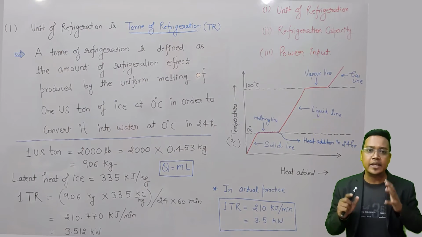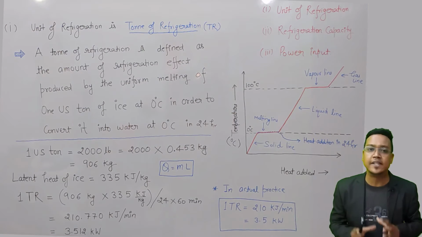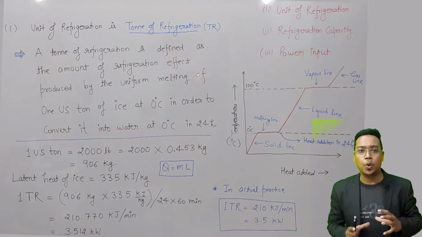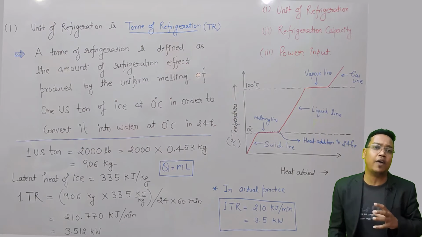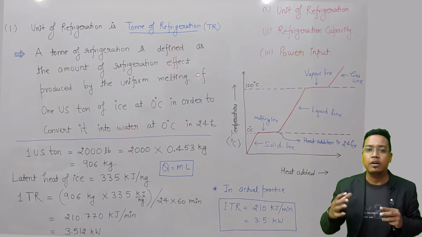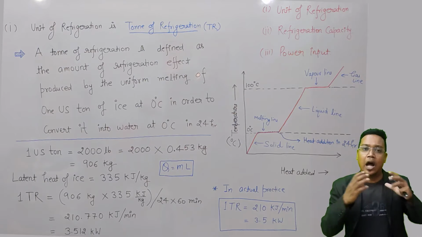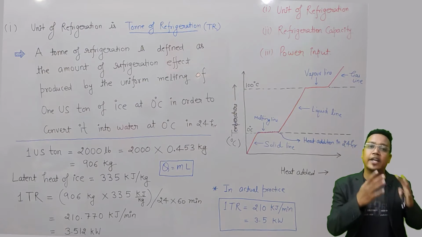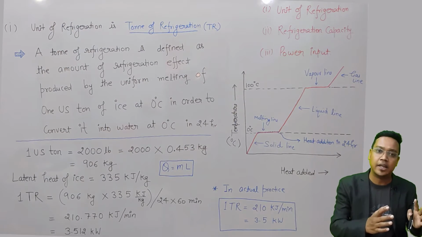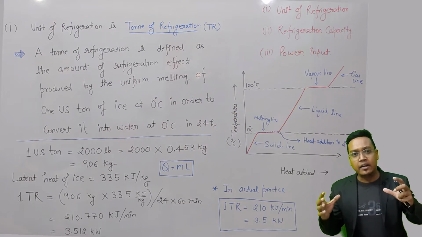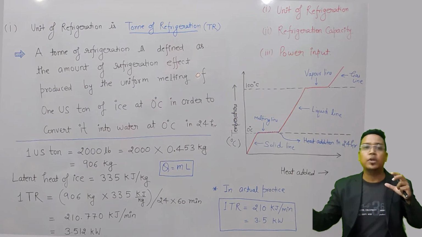Suppose in this room 1 US ton of ice is there, and that 1 US ton of ice will take heat of this room, and now ice is working like a window AC, taking heat from the room.